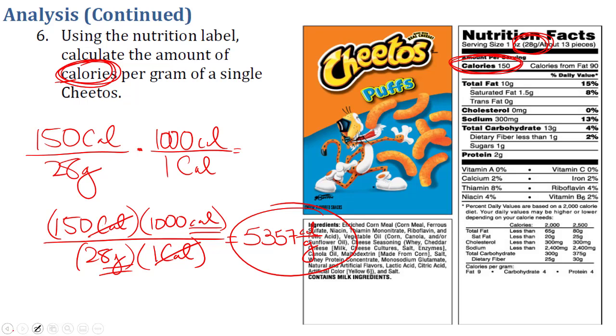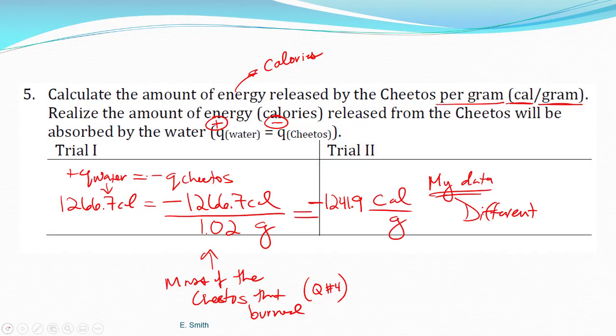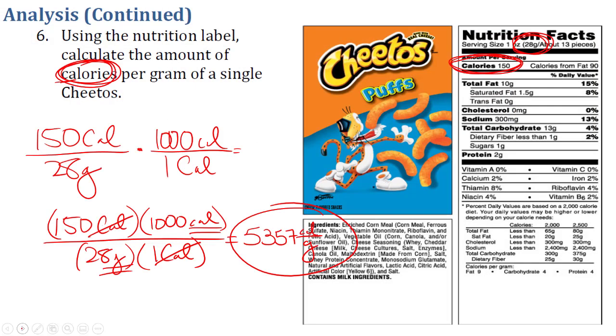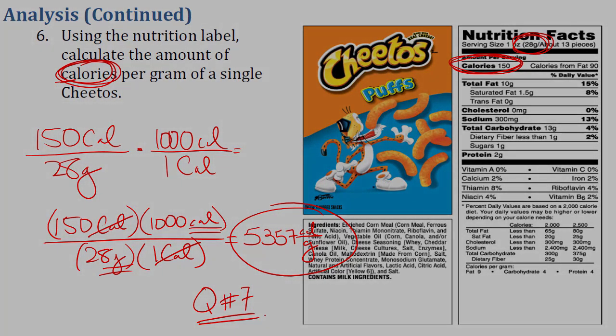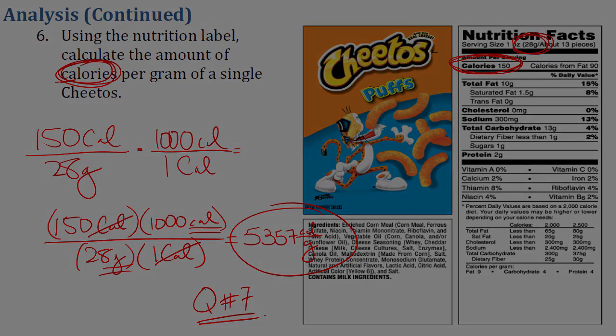Looking at my data, I was supposed to get 5,357 calories per gram, but I only got 1,241.9 calories per gram. Obviously, something went wrong, and you need to try to figure out what went wrong in this experiment, and that is what you're going to be focusing on in question number 7. I'll leave it for you to finish that question on your own.